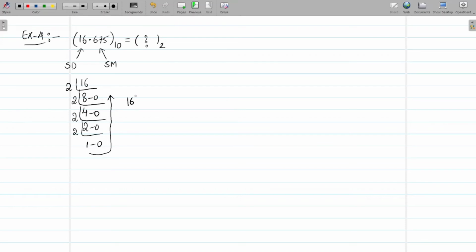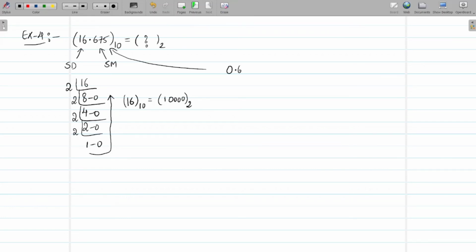The equivalent binary value for 16 is 1 followed by 4 zeros. So the integral part is complete.